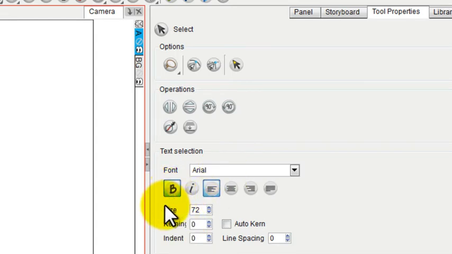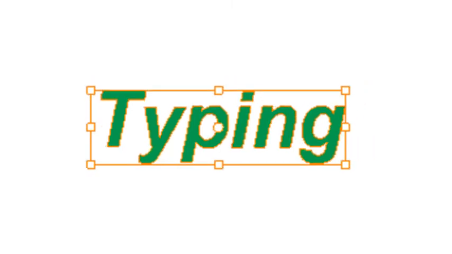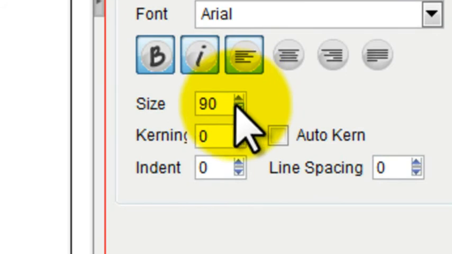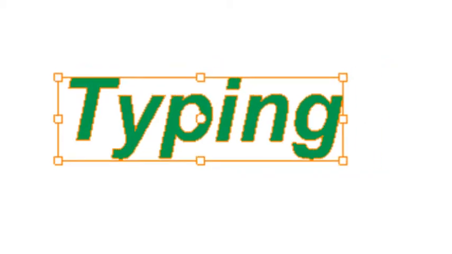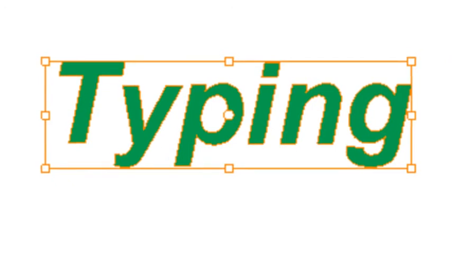Watch as I make it bold, as I make it italic. You can move the alignment, although it doesn't really show because it's not aligned to anything right now. You can change the size of the font, making it bigger or smaller. With this box, you can also type in a number. If I want to type in, for example, 96, I just type in 96 and press enter, and that's our new size.